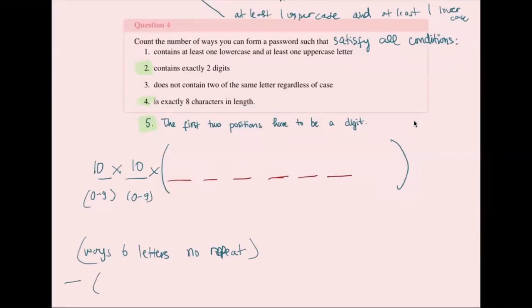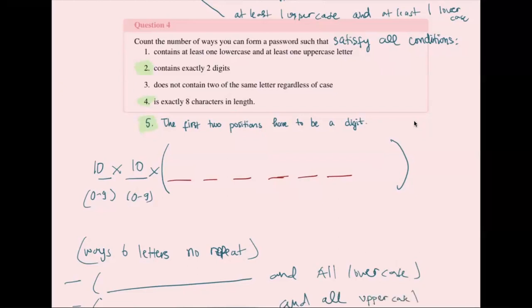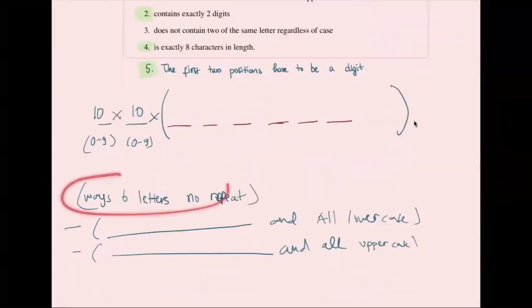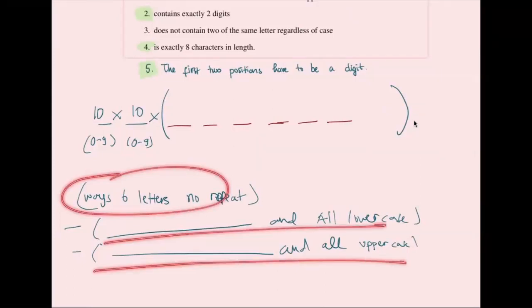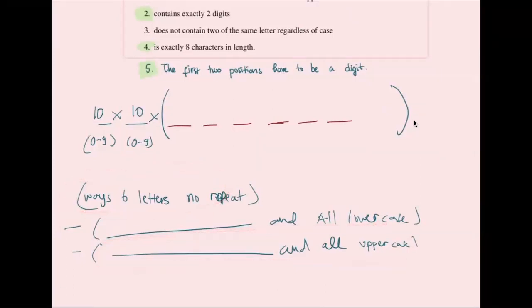And then subtract the number of ways to choose 6 letters, no repeat, and all lowercase. And subtract no repeat and all uppercase. You take this one minus this, the result will satisfy both 1 and 3.